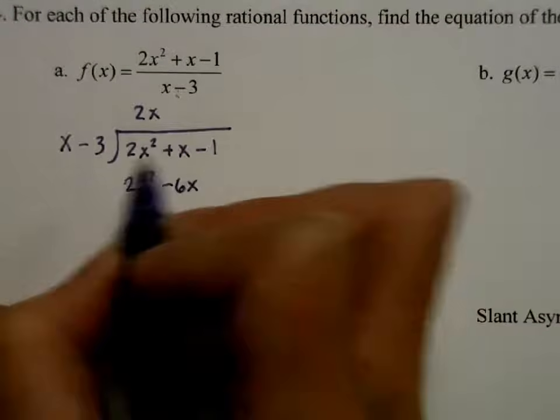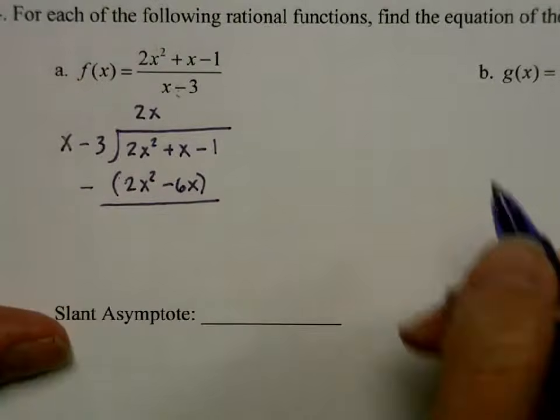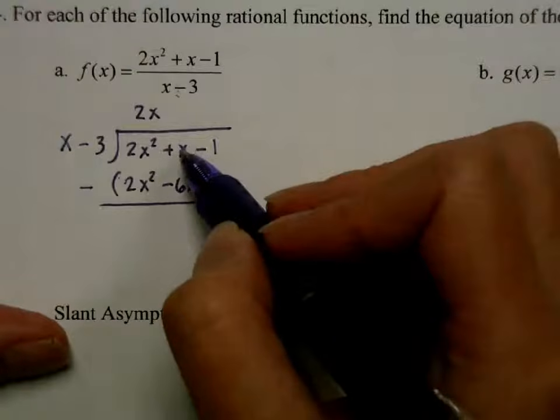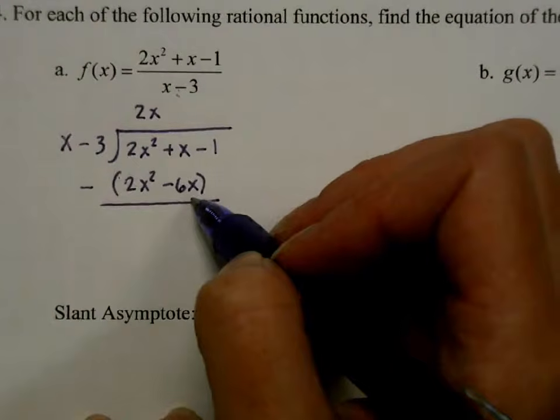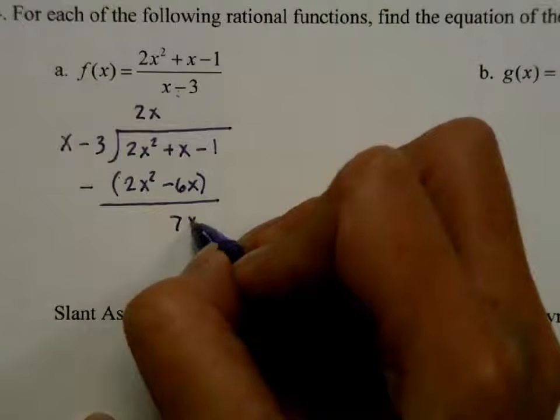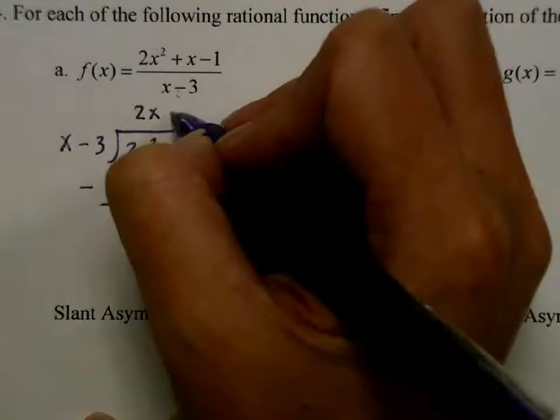Okay, I'll put that in parentheses, and we're going to subtract. This should always equal 0 if you picked the right thing. Then we have x minus a negative 6x, so that's really x plus 6x, or 7x. Then we look at what I'd multiply this by to get this, which would be 7.